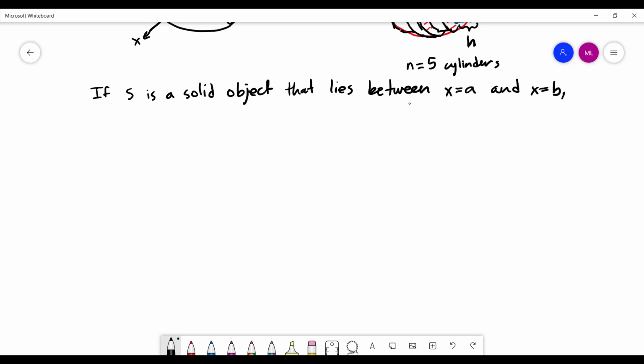And if each one of the cross sections of the solid has an area of A, and in fact we can just write it as a function in this case.